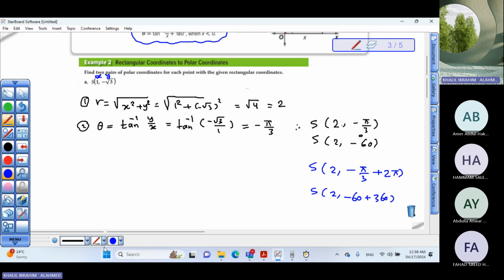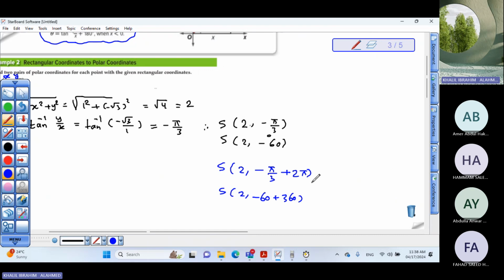The answer here is S equals 5 pi over 6, S equals 300 degrees, the same.